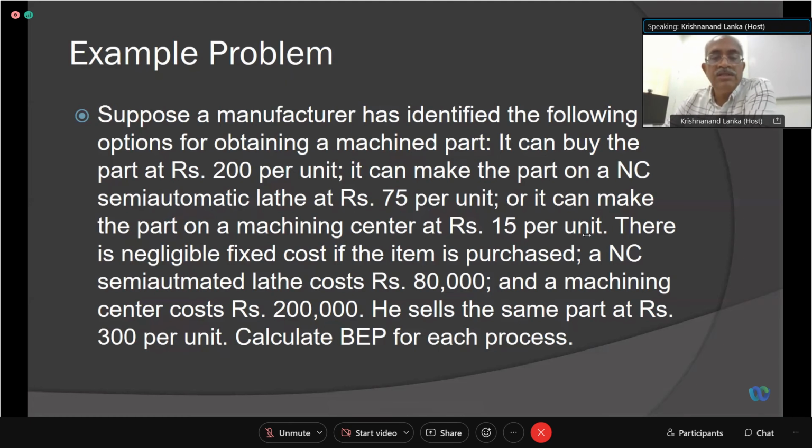So there is negligible fixed cost if the item is purchased, right? An NC machine costs around 80,000 rupees, and the machining center costs 2 lakh rupees.